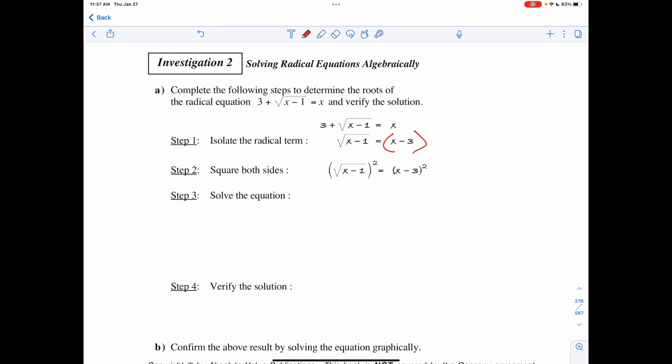And remember that x minus 3 squared is actually x minus 3 times x minus 3, and it needs to get FOILed out. Here is the second most common mistake that happens, is when they say they're squaring the right side, x minus 3, they just get x squared plus 9 or x squared minus 9, which is wrong. That is not what it equals.